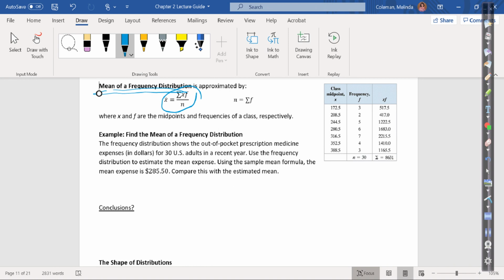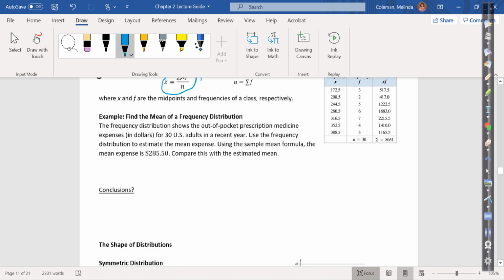And it says find the mean of the frequency distribution for the following set of data. The frequency distribution shows the out-of-pocket medical expenses in dollars of 30 U.S. adults in a recent year. This should look familiar from a previous example. Use the frequency distribution to estimate the mean expense.